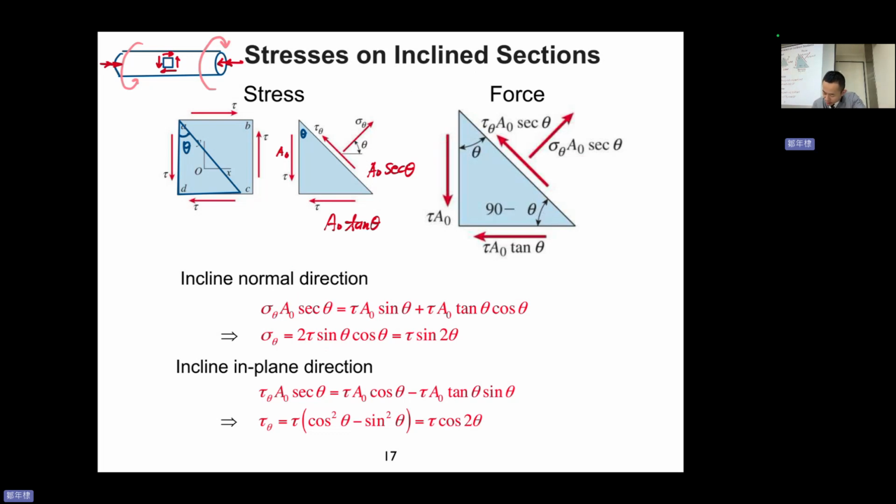Okay, so now balance. We make the tau A0 decompose. I decompose the tau A0 into two components. The first one is parallel to this one, and the other is parallel to the inclined section.